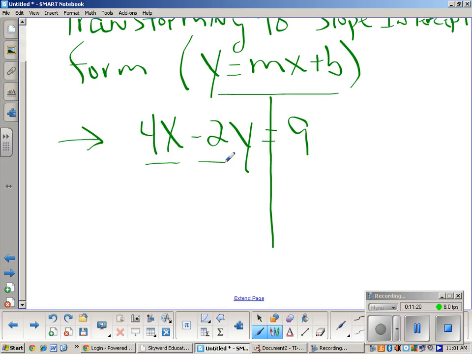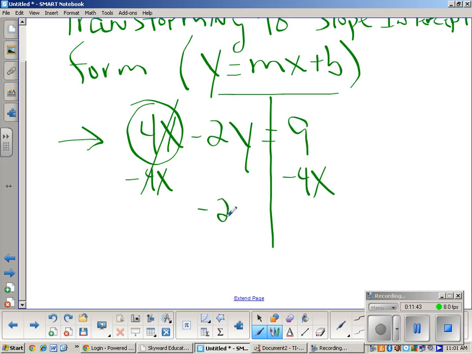So, remember we get rid of the addition and subtraction first. So how can I get rid of that positive 4x? Not just 4, minus but 4x. Good. Because really what I'm doing is I'm moving it from one side to the other. So these cancel out. I'm left with negative 2y equals negative 4x plus 9.